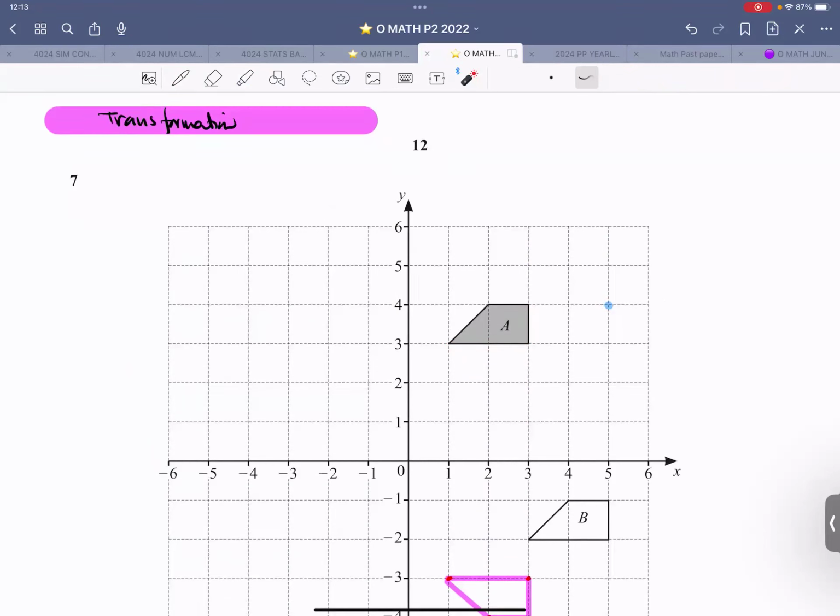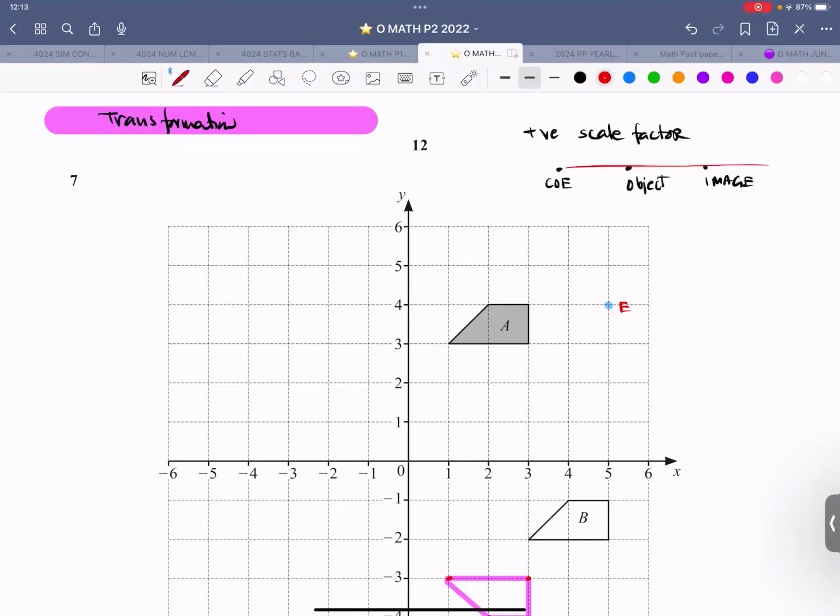So the rule is, if this is the new center of enlargement, let's call it E, then since it's a positive scale factor, the center of enlargement, COE, the original point, and the image, the object and the image, I can write original and final, I can write object and image, they would lie in one single line like this.